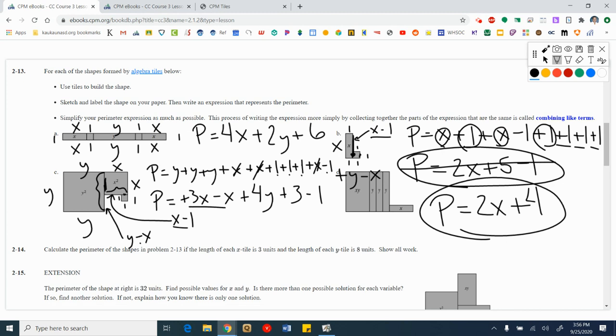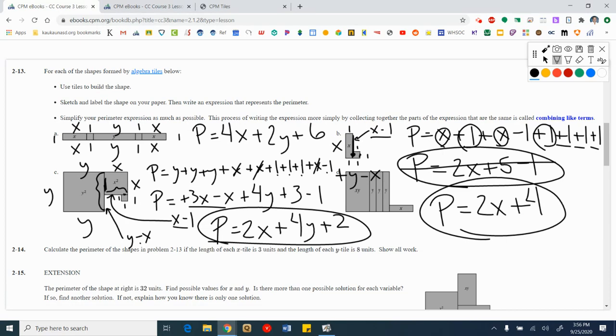Okay, well 3x minus x is going to be 2x plus 4y plus 2. That would be my perimeter for 13C.